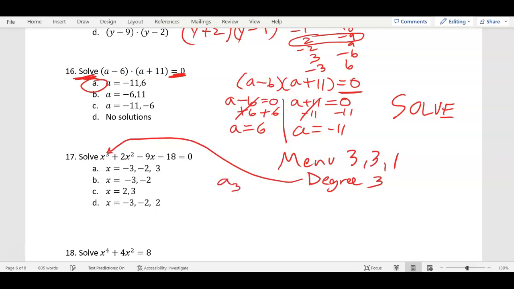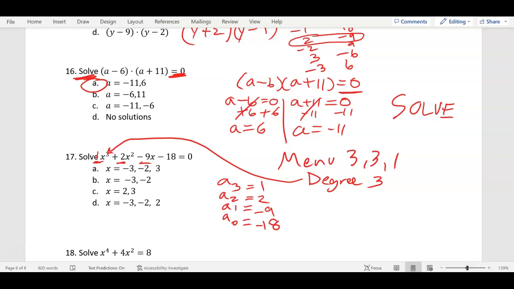So now I need to know A3, A2, A1, A0. A3 is in front of the third power. If there's no number here, it's a 1. A2 is 2. A1, negative 9. And A0, the constant, is negative 18.